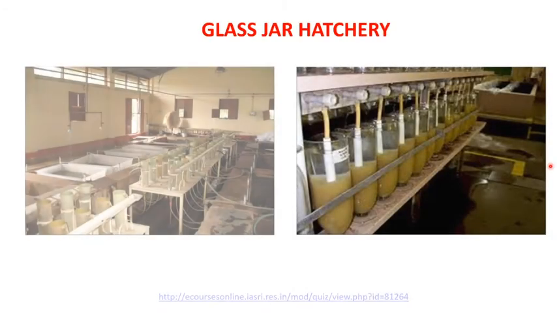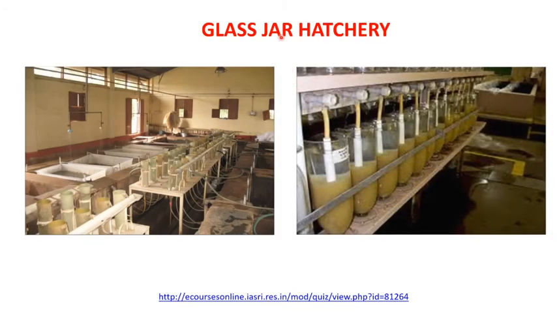In this image you can see the glass jar hatcheries used in the aqua industry. The glass jars of around 6.3 liters capacity are set up vertically. The jars are open at the top and gradually taper towards the bottom. The water is supplied from the taps through the bottom of the jars.